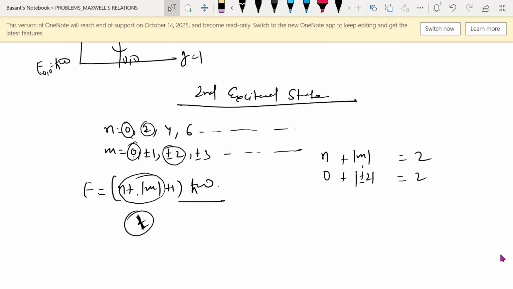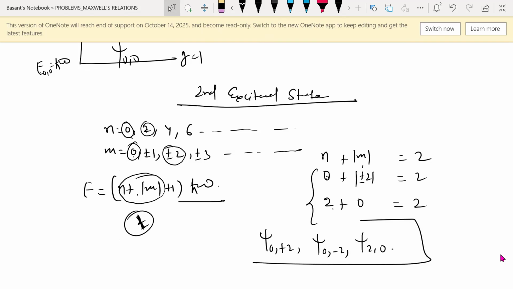And if I take n is equal to 2, then m must be 0. So here there are three combinations. First is psi (0, +2). Another is (0, -2). And next is psi (2, 0). All are different because their quantum numbers are different.